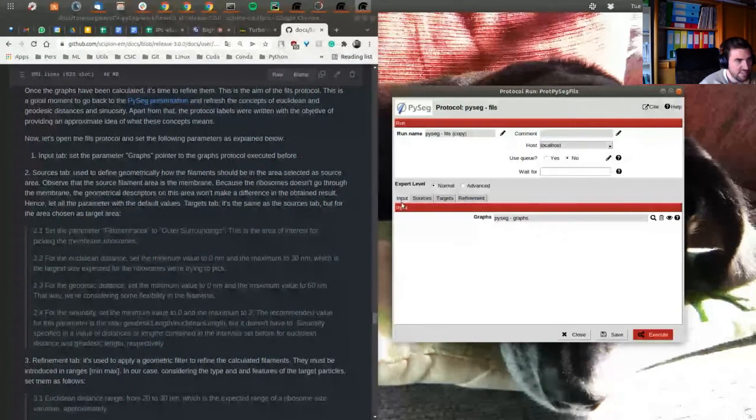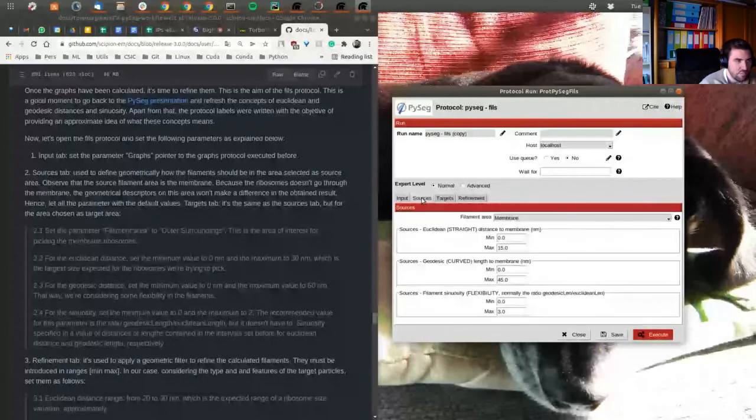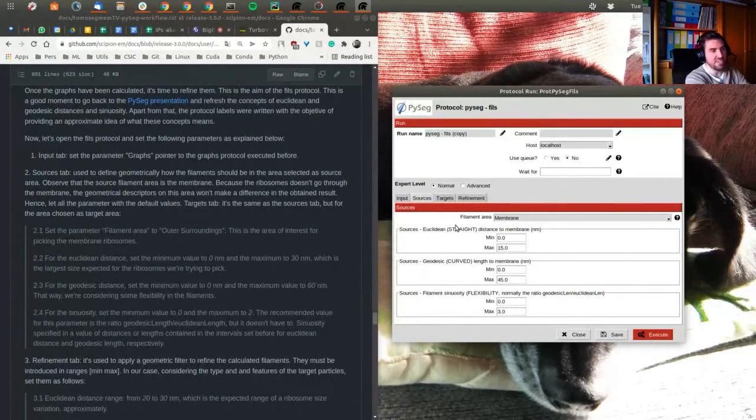Let's set the pointer here. And then we have these twin tabs. They present the same parameters, and they can be used to define the geometrical parameters that will be considered to generate the filaments from the graphs, considering different areas from the initial segmentation.